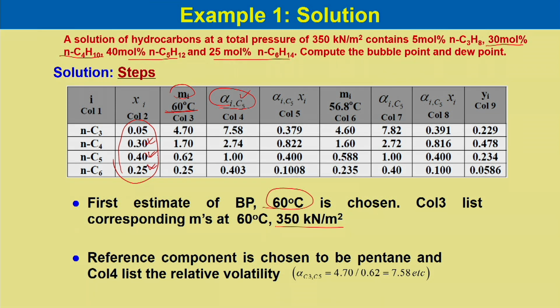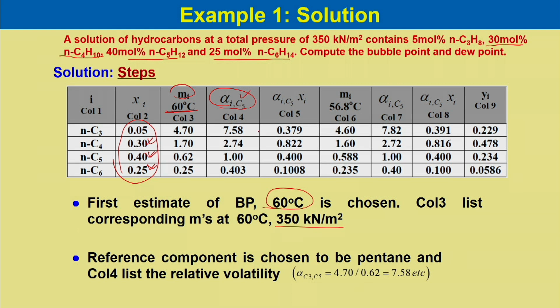The first column represents the component, the second column the mole fractions, and the third column the distribution coefficient. We have assumed the temperature 60 degree centigrade, and we can obtain the distribution coefficient from the monograph. Column 4 is the relative volatility, which can be calculated with respect to the reference component, which is 0.62.